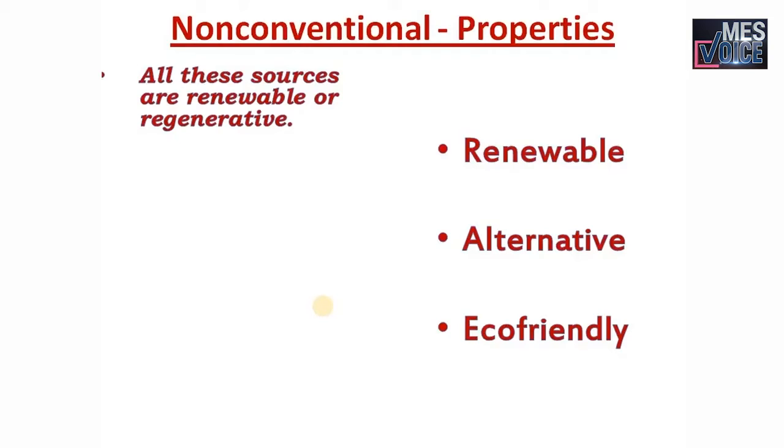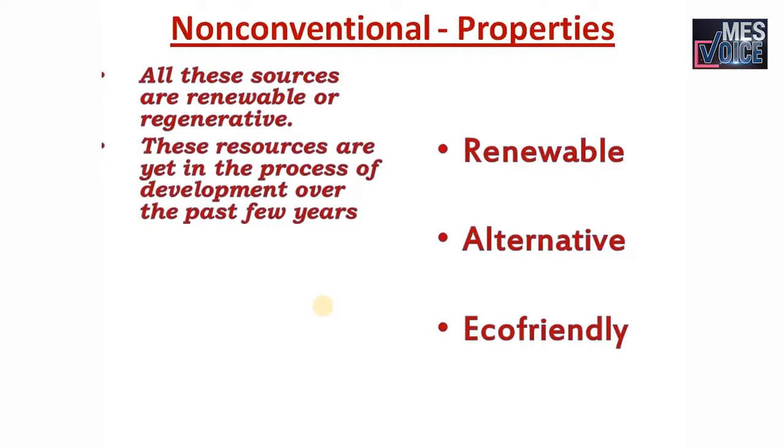Petroleum, for example, once it is finished, it is finished. You cannot reproduce it. But wind energy, for example, will be there forever. It is not going to be finished until the earth is there, until the solar system is there, wind will be there. Until the rotation of the earth is there, you can say wind will be there. So that is the case with non-conventional sources.